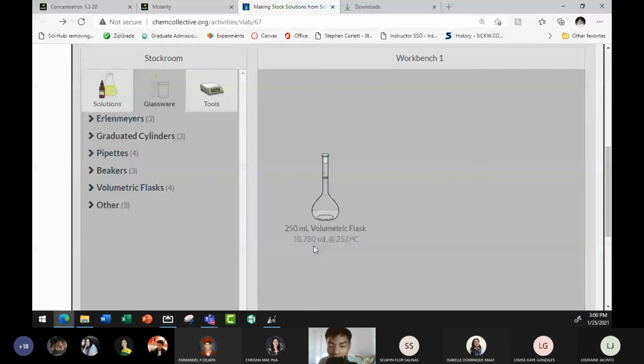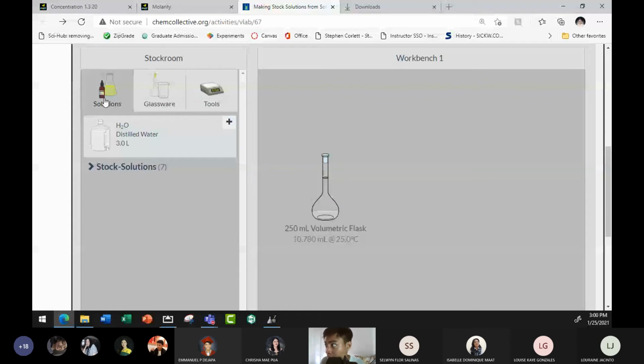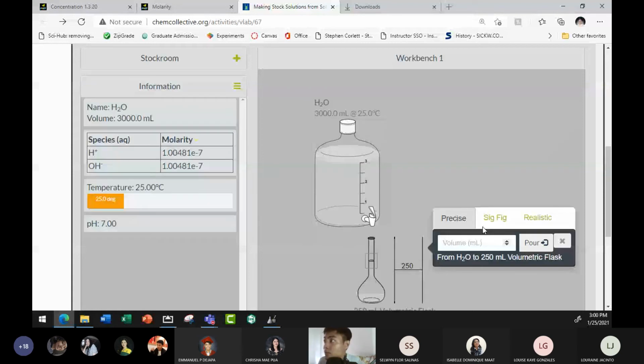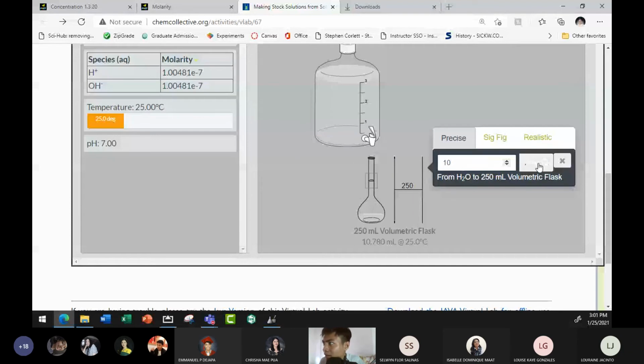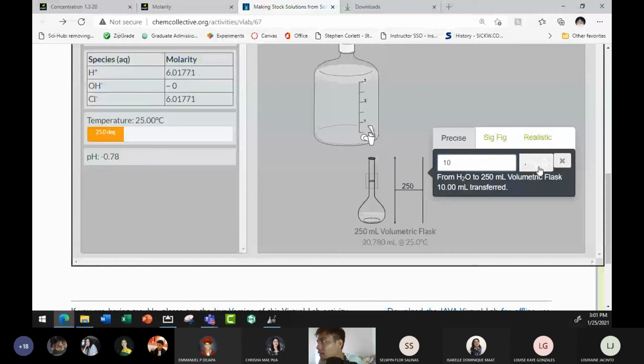Ano na gagawin ko? Pwede mo na yan dagdagan ng tubig, no? Up to mark. Buhusan natin siya ng tubig. Again, lower meniscus. Be careful. 10 ml. Tigta 10 ml tayo. Add. Tignan nyo yung concentration dito. Kailangan ng final na makuha natin ay 0.5.